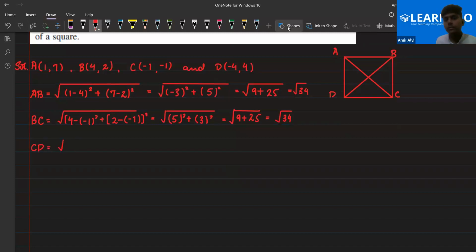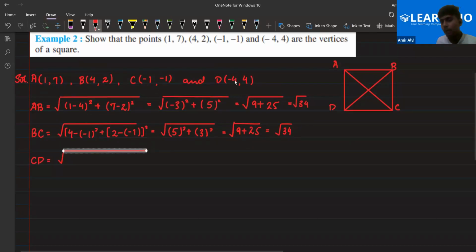Next one, after AB and BC, is CD. Similarly, you will subtract the values. So now CD is minus 1 and minus 4: minus 1 minus 4 square plus minus 1 minus 4.